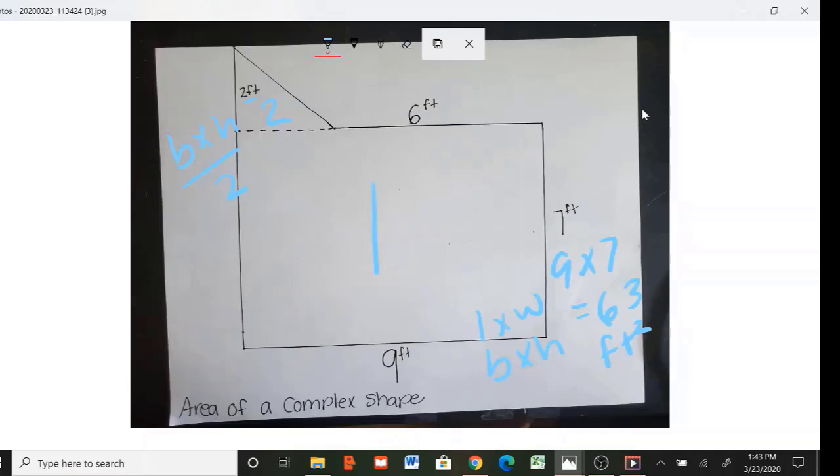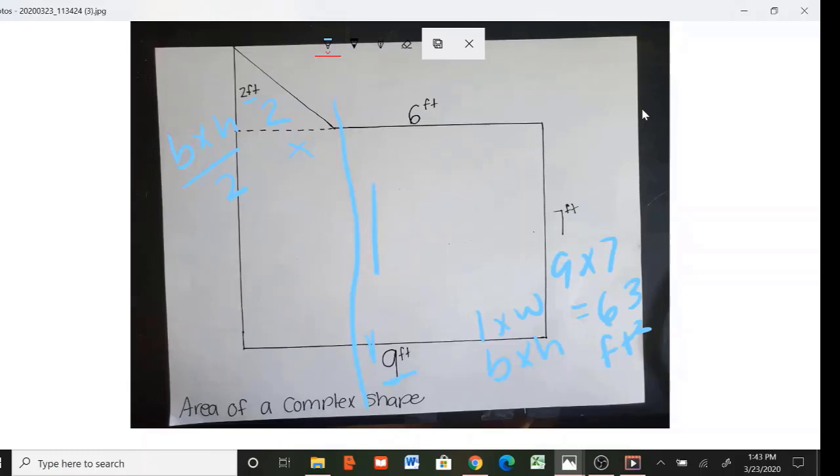So down here I see 9 feet, okay? That was our base for our rectangle. This 9 feet is going to help us figure out what is this space here, okay? Because we're given 6 feet, right? So from here to here is 6 feet, and we need to figure out that last little bit, all right?